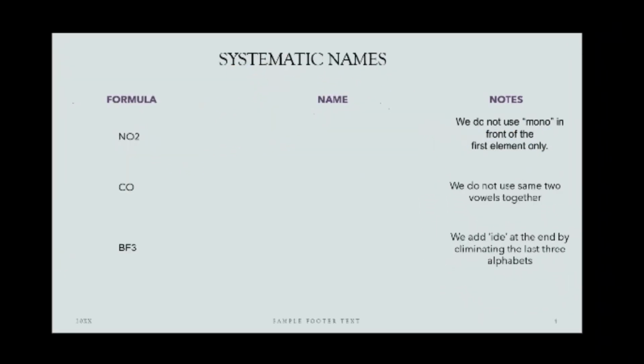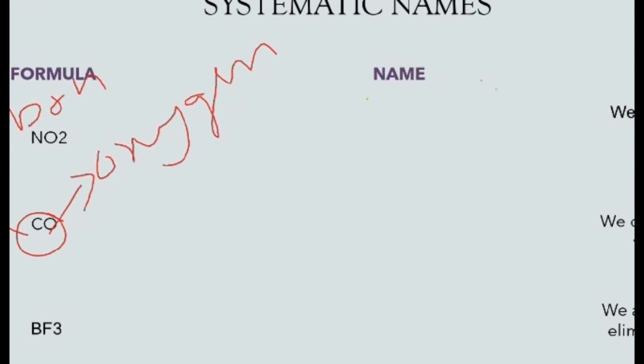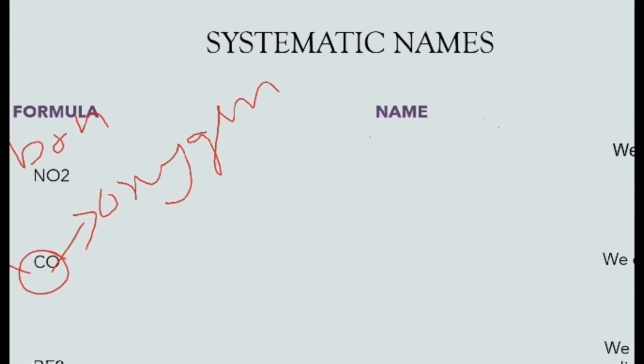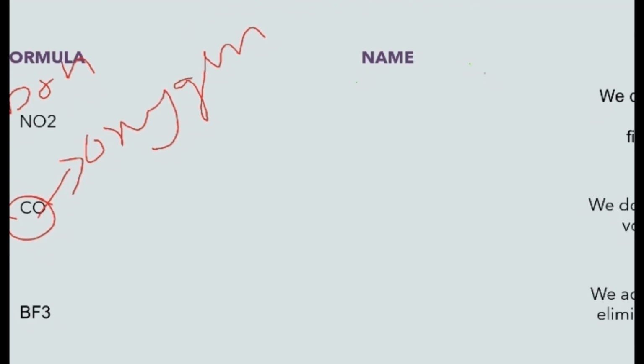Our next compound is CO. C stands for carbon, O stands for oxygen. Both carbon and oxygen have only one atom, that's why we did not write any subscript beside them. Oxygen is the anion here, so we will replace the last letters of oxygen with IDE.